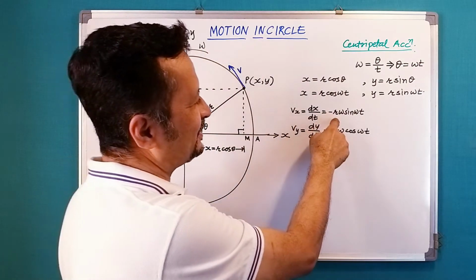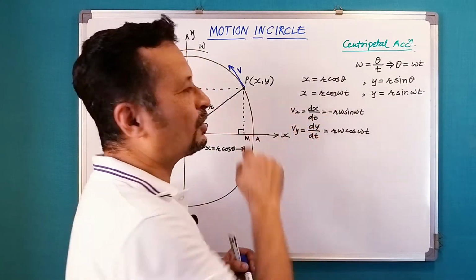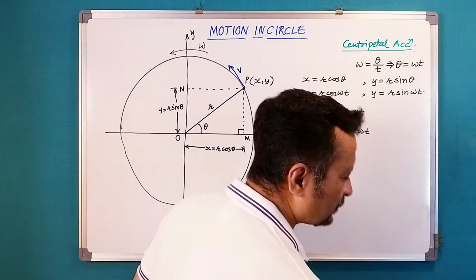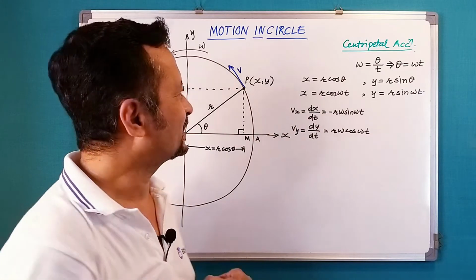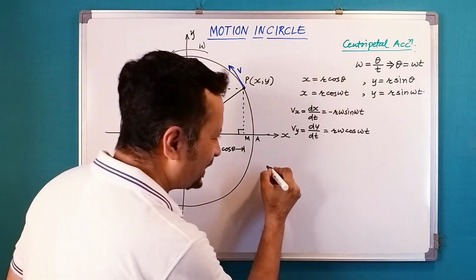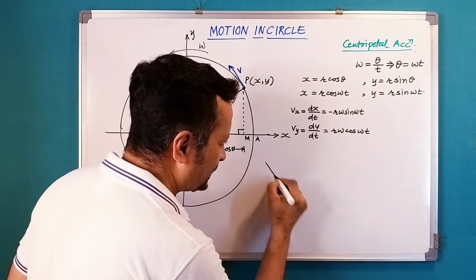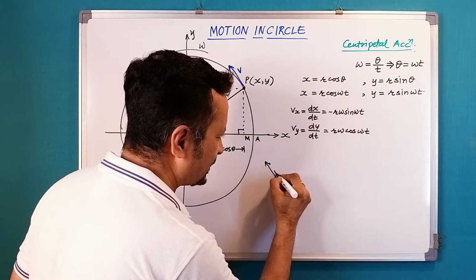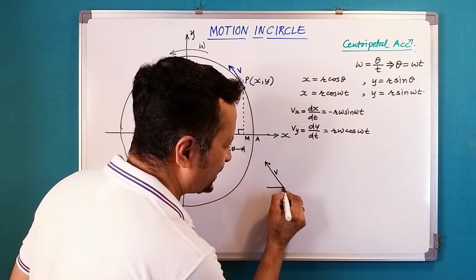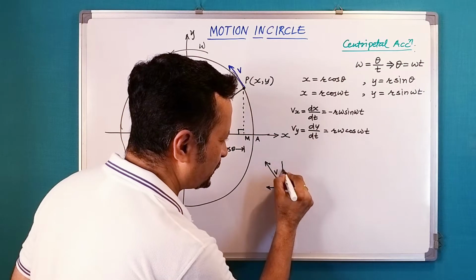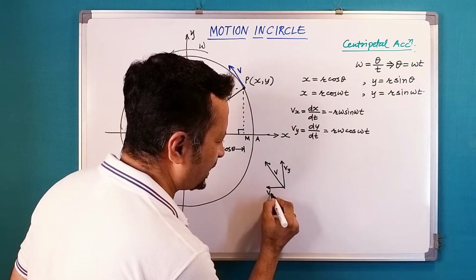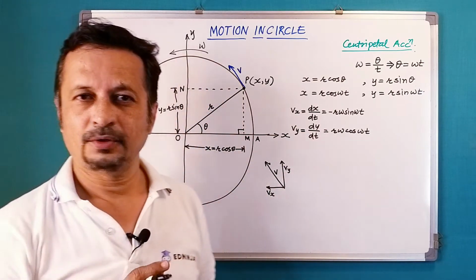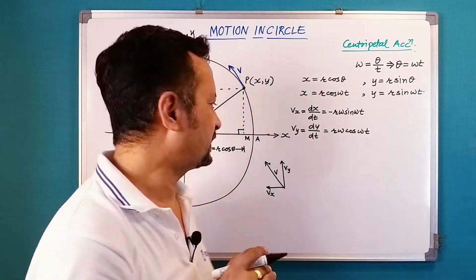The x component of velocity is minus r omega sin omega t, so the x component is negative and the y component is positive. So Vy and Vx. Okay, that is fine.